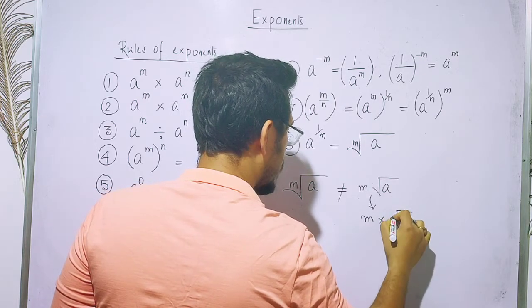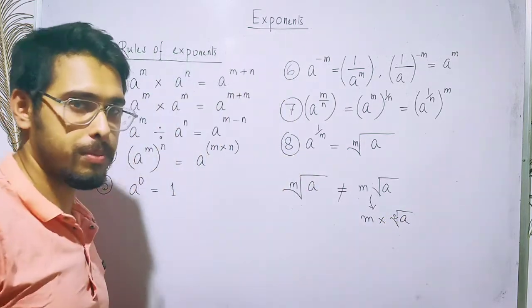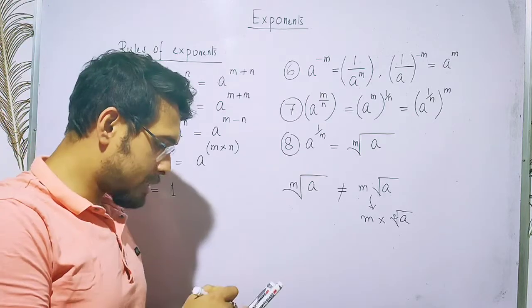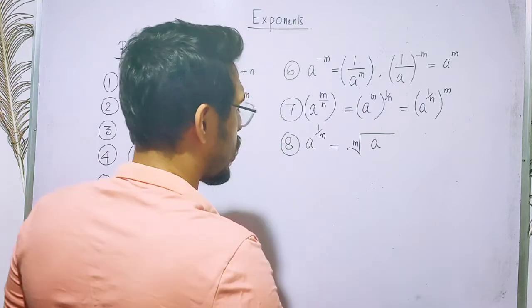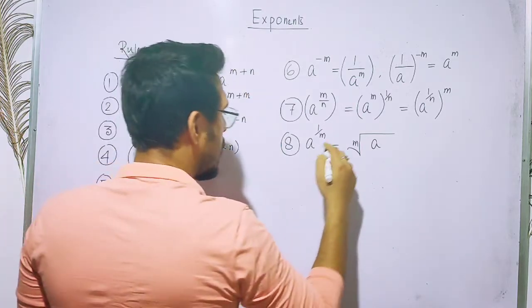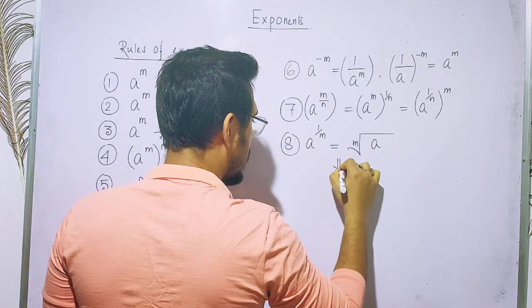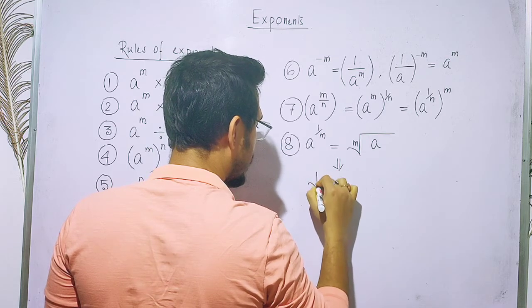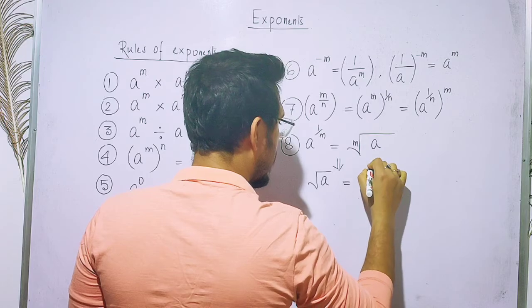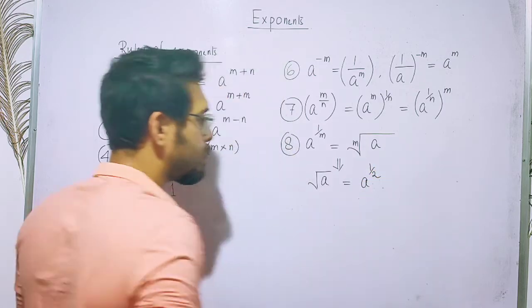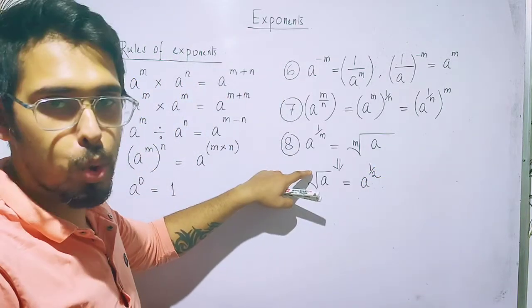Square root of a means what? There is a 2 inside the root, which also brings me to the fact that if you are talking about square root of a, under this rule, if you want to convert it into an exponent, what will it be? A to the power of 1 by 2, because square root means 2.